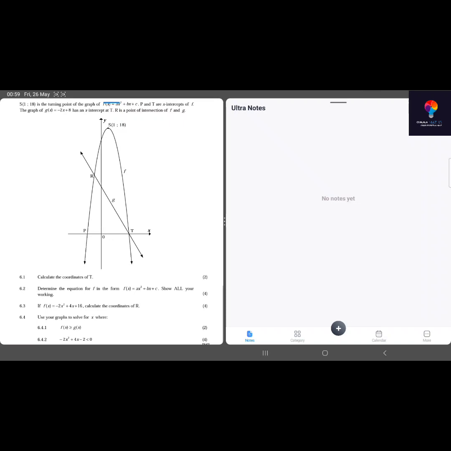6.1. The question says calculate the coordinates of T. I think that is very simple because already in the statement it has been said that the graph of g of x has an x-intercept at T. So this is how we're going to do it.